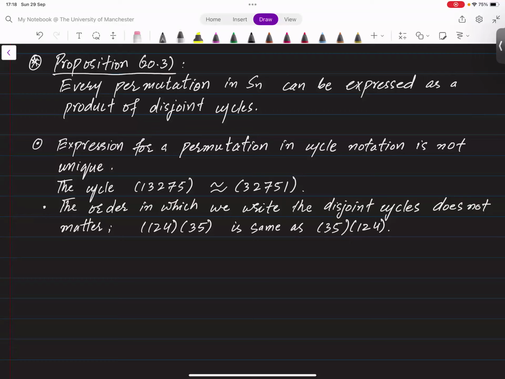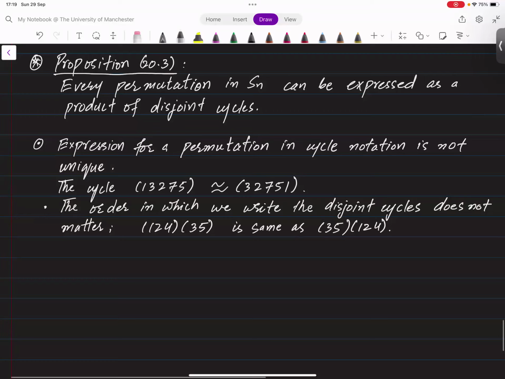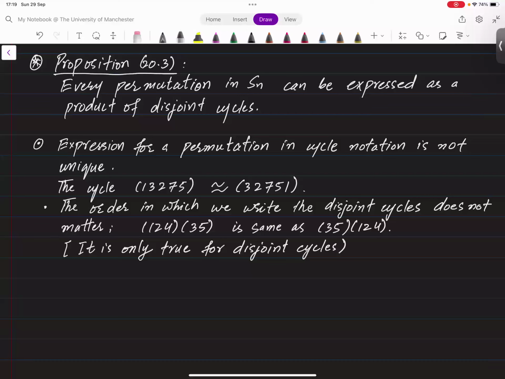But be aware, it is only true for disjoint cycles.